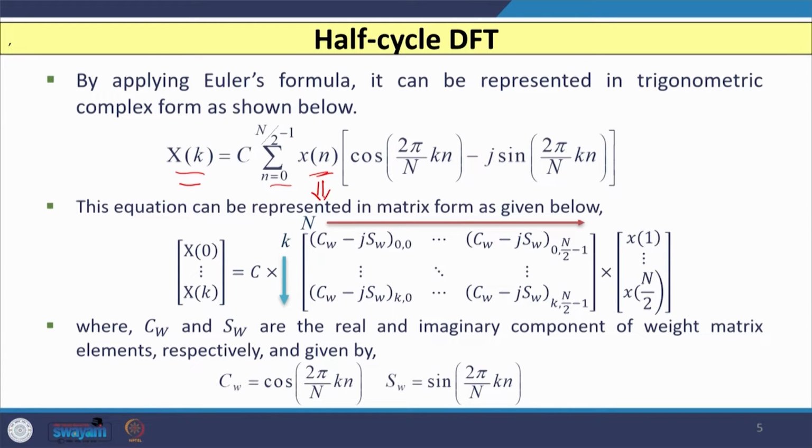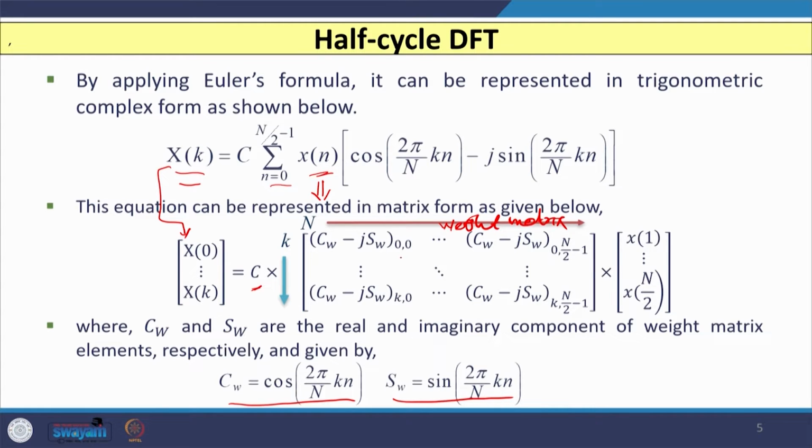If we write this equation in matrix form, then on the left hand side X of k is written as X 0 to X k, where k is the harmonic number, equal to the constant C and the weight matrix. The weight matrix is given by two components, Cw and Sw, where Cw is calculated based on cos of 2 pi by N kn and Sw is calculated using sin of 2 pi by N kn.